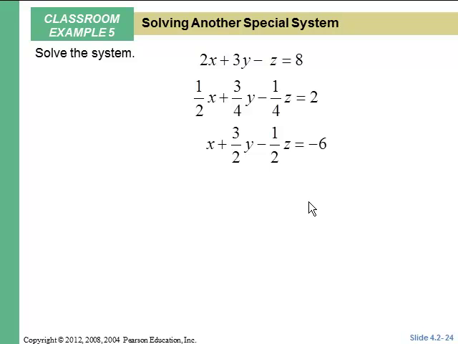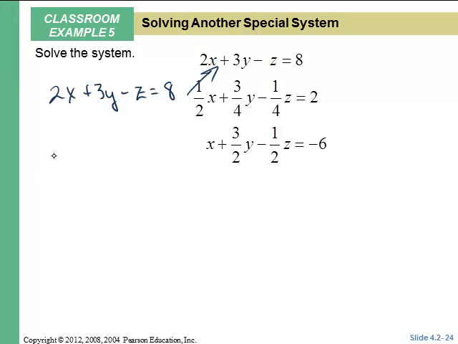All right, if you run into situations like this where you have fractions, one way to do it would be to multiply everything by the common denominator, and this second equation would become 2x plus 3y minus z equals 8, which, if you notice, is the exact same as the first equation.